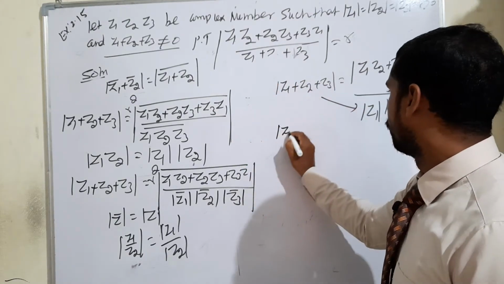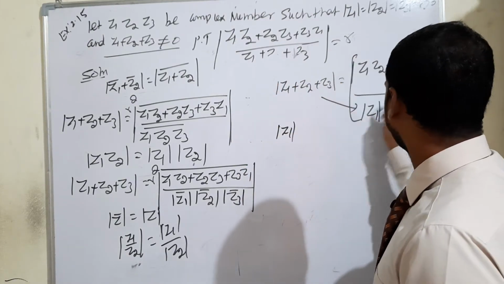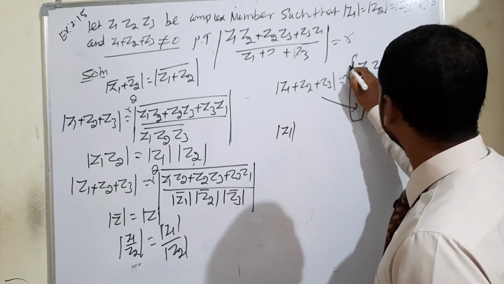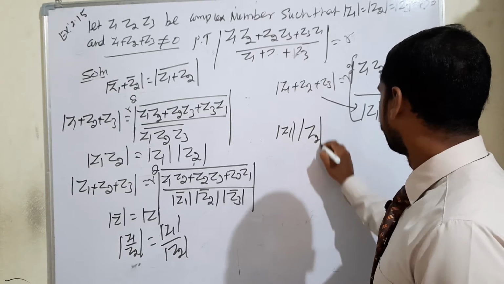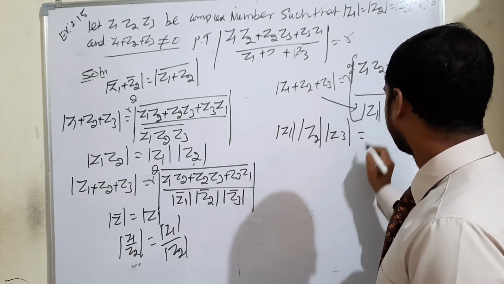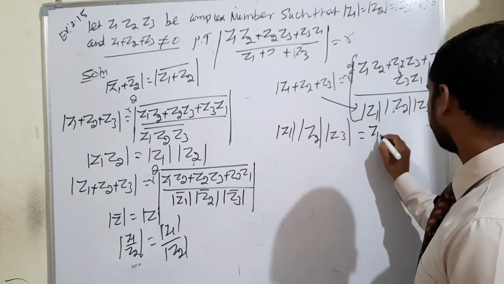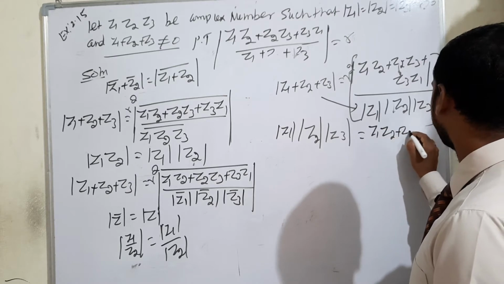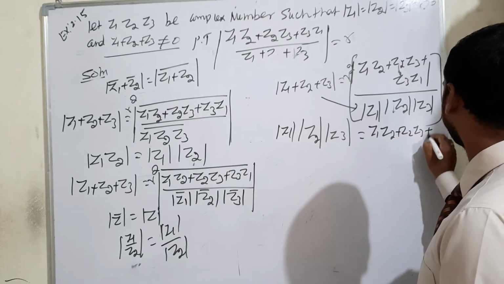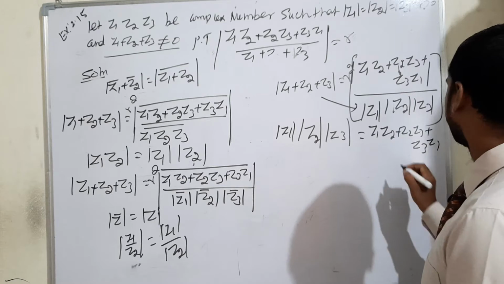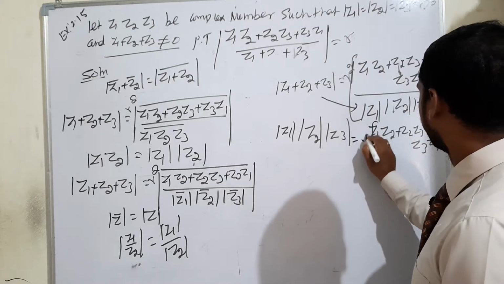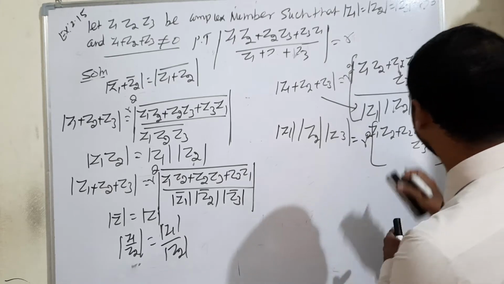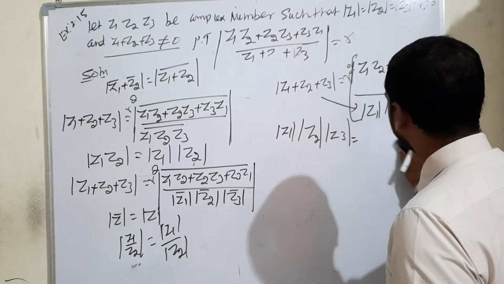So what we have to do, modulus of Z1, the whole term, consider for into R square, isn't it? R square. Again modulus of Z1, modulus of Z2, modulus of Z3 is equal to Z1 Z2, then Z2 Z3, then Z3 Z1, into R square. Sorry, this is modulus.